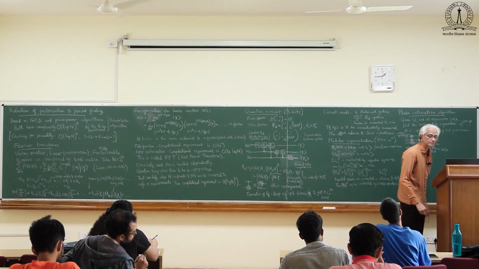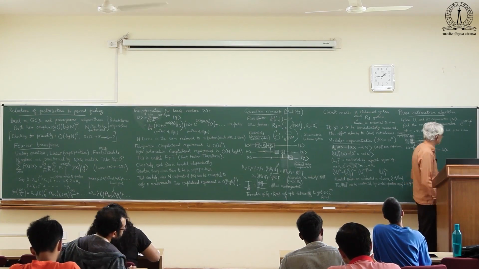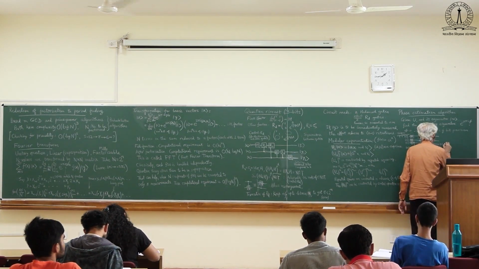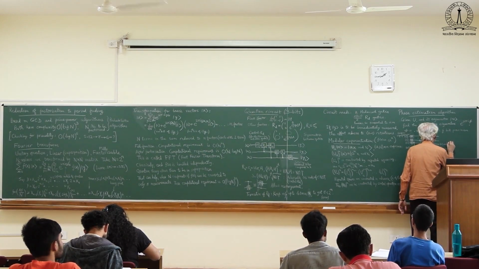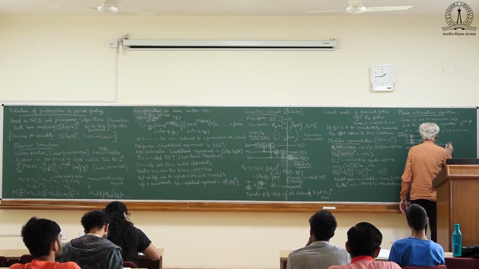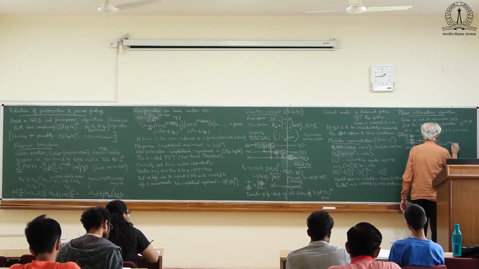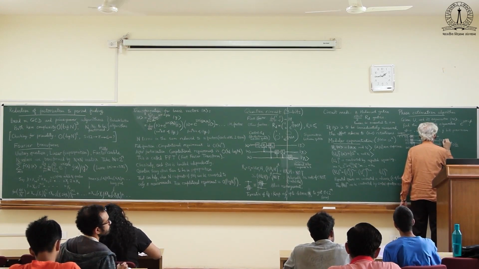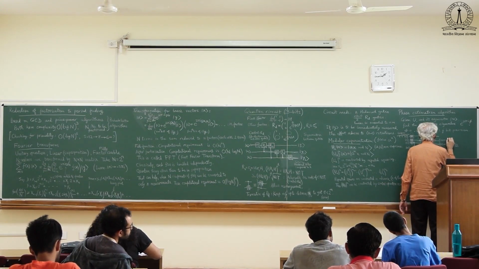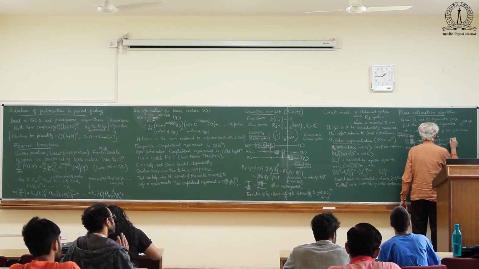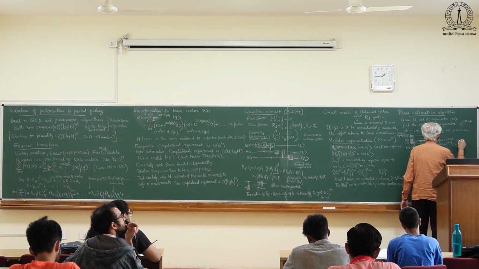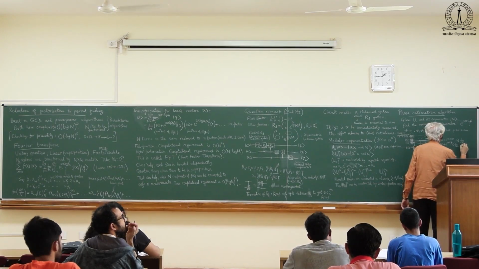And so the result is (0 plus e raised to 2 pi i phi times 1) times 1 by root 2. The next one will be (0 plus e raised to 2 pi i times 2 phi times 1) times 1 by root 2.